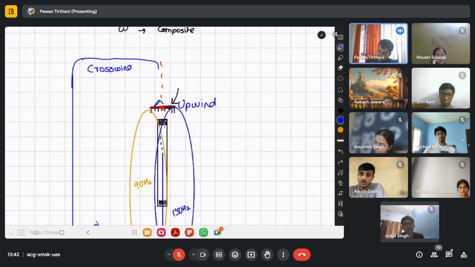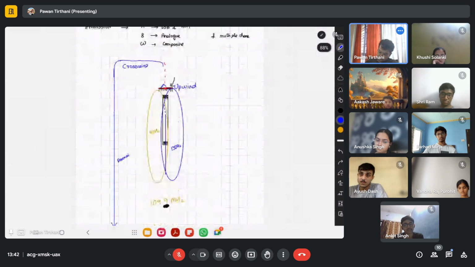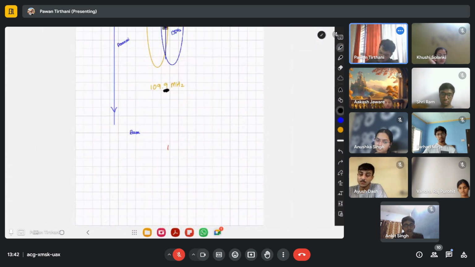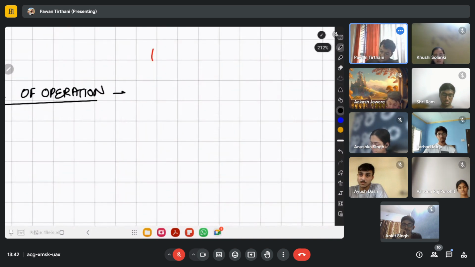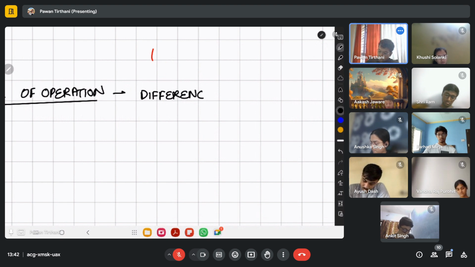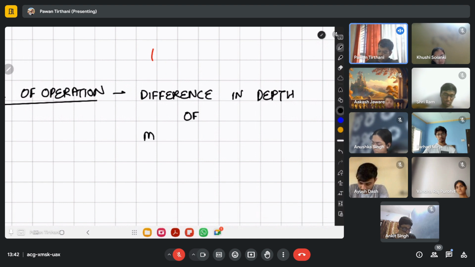The principle of operation. Write down the principle: difference in depth of modulation.